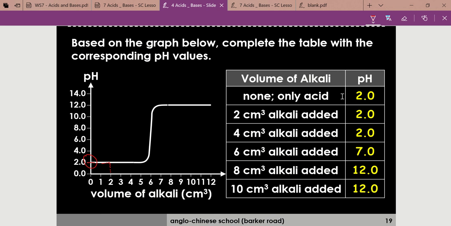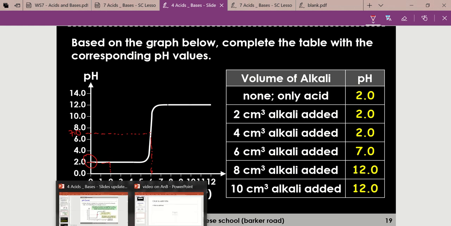It still has a pH of 2. And similarly, all the way until when I reach pH 6. When I reach pH 6, and you interpolate it across, this is when it has a pH of 7.0. So similarly, you can continue and you get the rest of the values at 12.0 over here. Okay, so that is the portion for the pH curve.